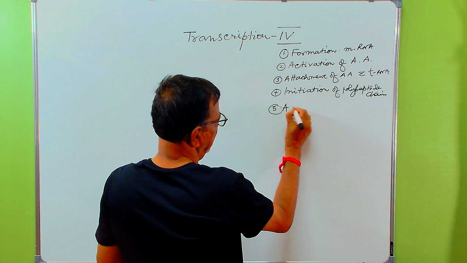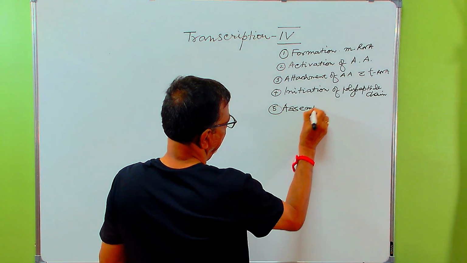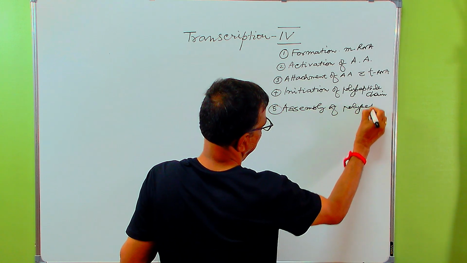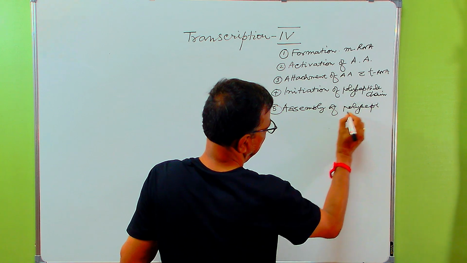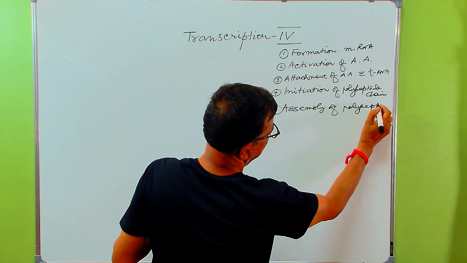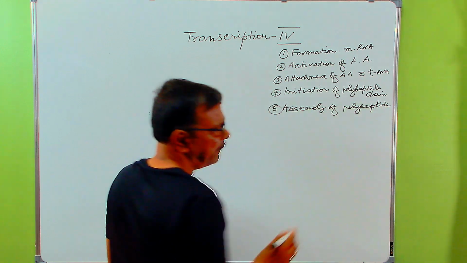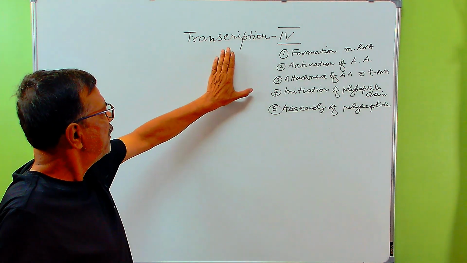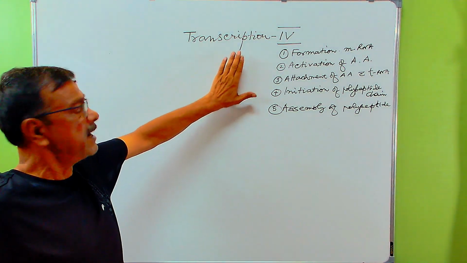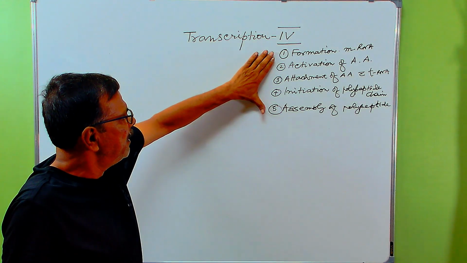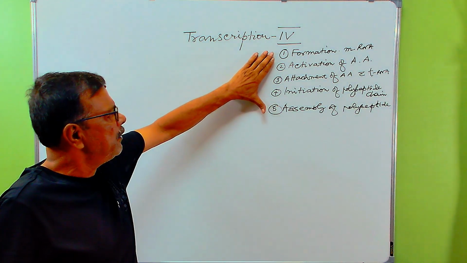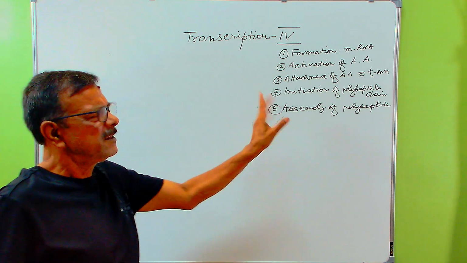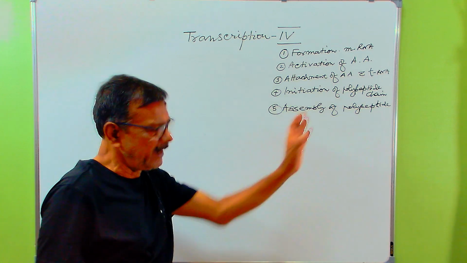Number 5, assembly of polypeptides. This much will be enough. So the core process of transcription, we will make it shorter and comprehensive, writing all these 5 stages in simple steps.